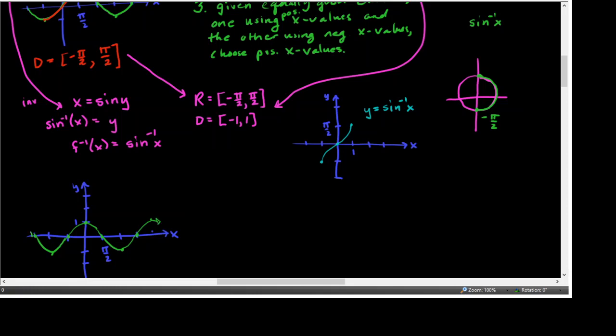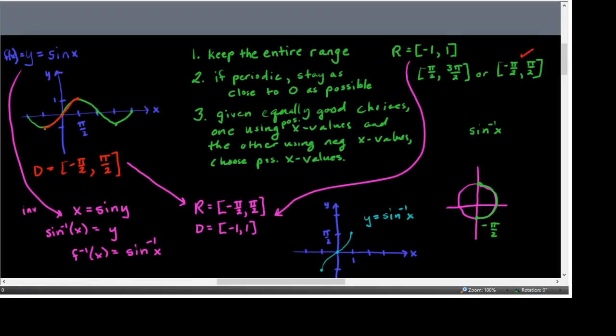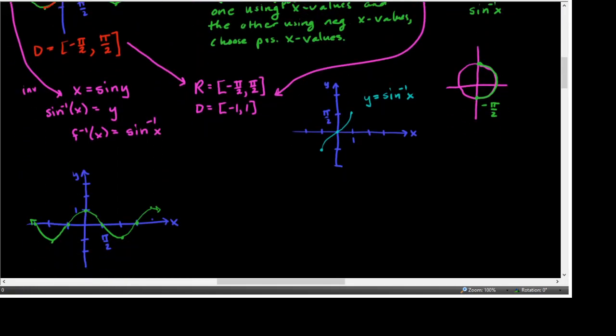All right. And so that's obviously not one-to-one. It does not pass the horizontal line test. And so we're going to keep the entire range. Looking at that, make sure that we do exactly the same thing as we did up there. So the range we're keeping is from negative 1 to 1. And we have lots of different intervals possible, so we do want to keep that as close to 0 as we can.